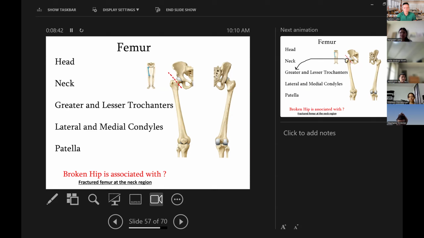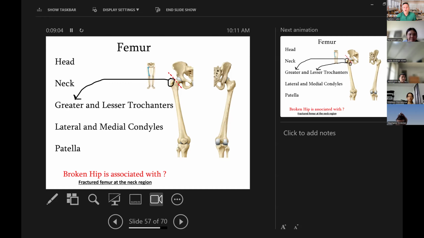Even though we call it a broken hip, the fracture actually happens at the neck of the femur. Okay, that is the most common region in which an elderly person that falls down is going to fracture, the neck of the femur.